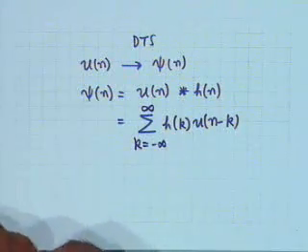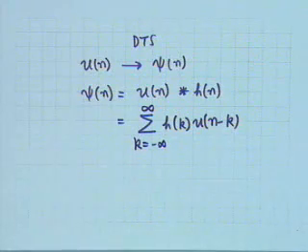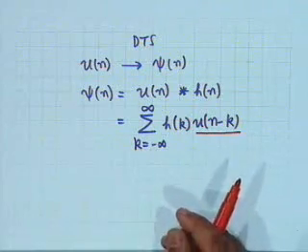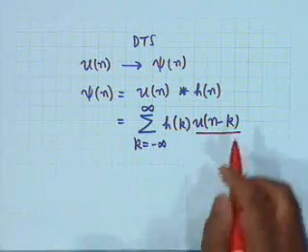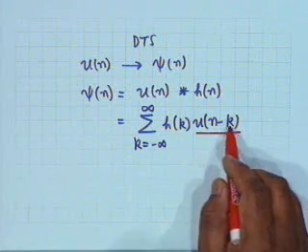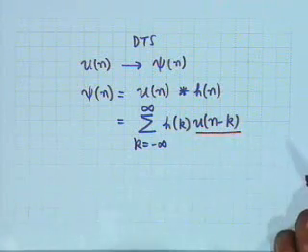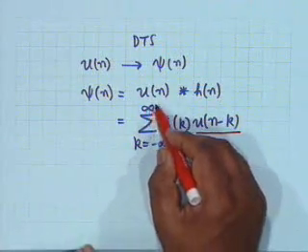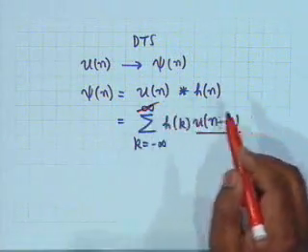Alright, I have simply written the convolution relationship. Now you notice that u of n minus k is 0 if k exceeds n. Isn't that right? If the argument becomes negative, then it is 0, and therefore the upper limit of the summation can be replaced by n.